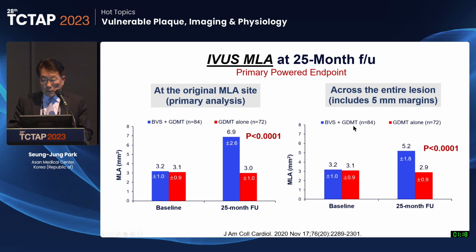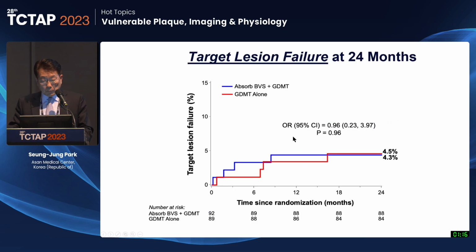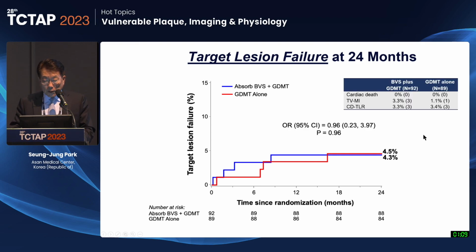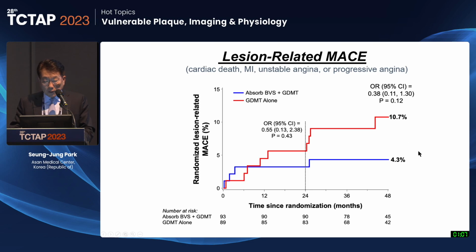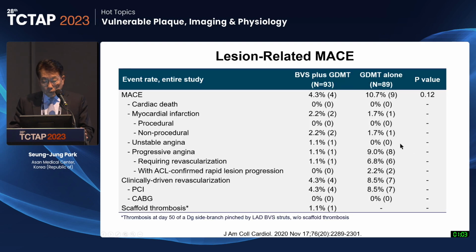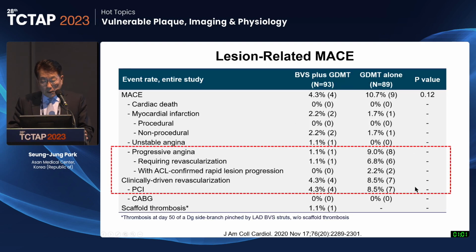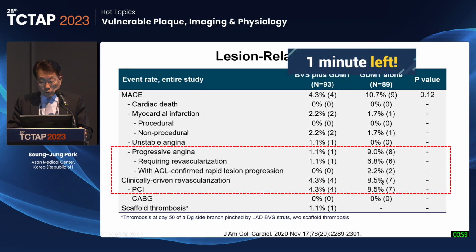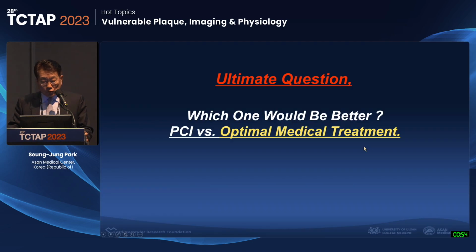The PCI group maintains the big minimal lumen area. However, for clinical events, target lesion failure, we can't define any difference. Lesion-related MACE is a little bit different, but not statistically different. Absolute number is different, with a little bit of a trend. The medical treatment group has higher progressive angina and higher clinically driven revascularization.